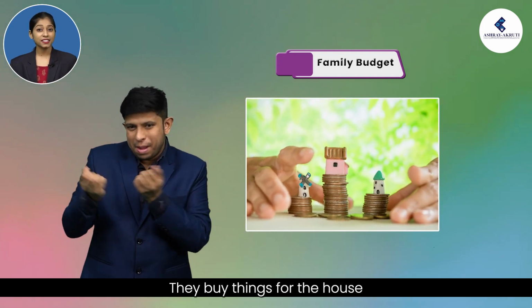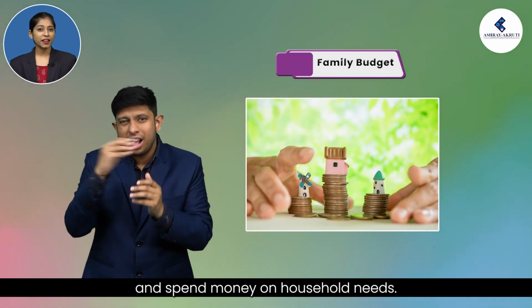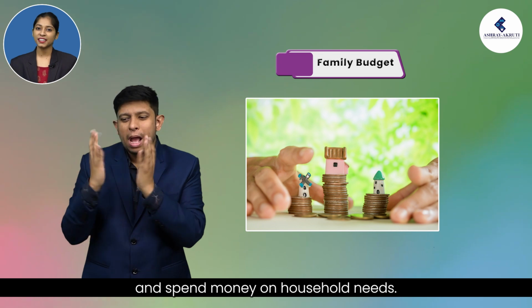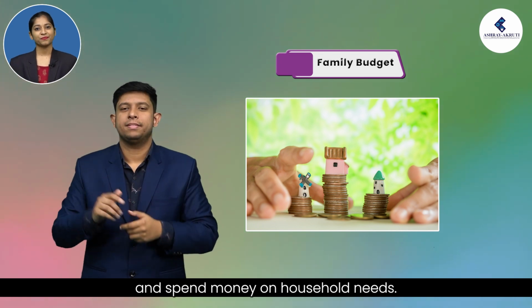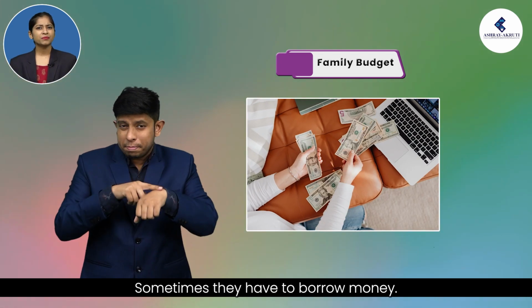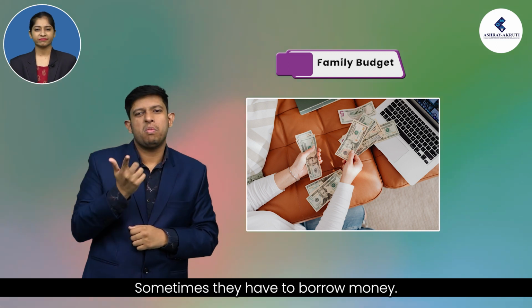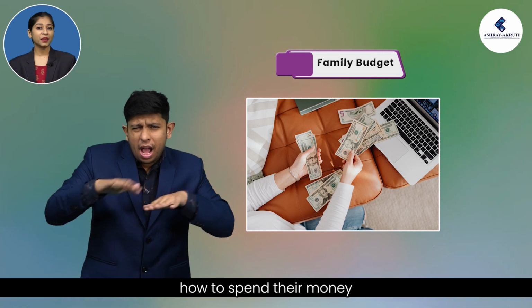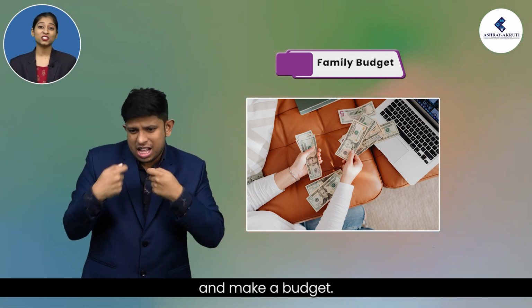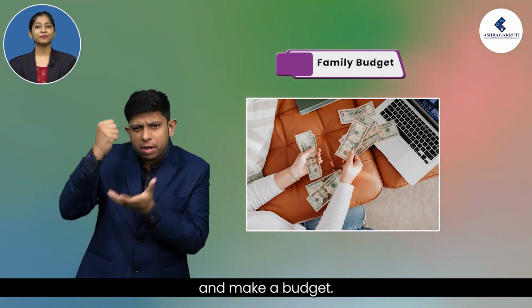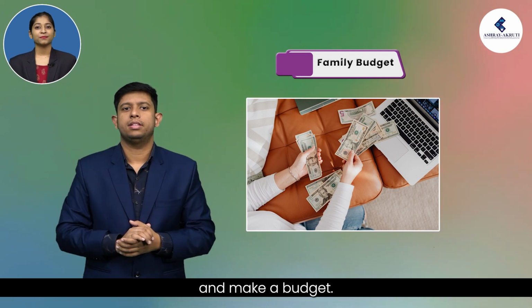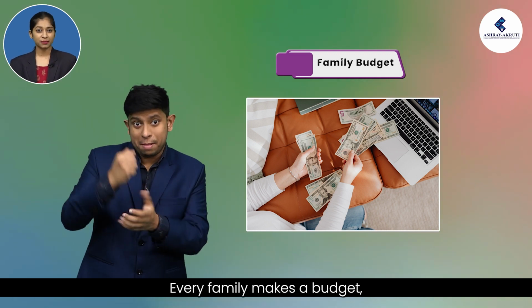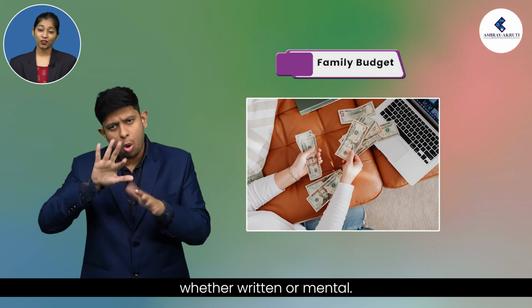They buy things for the house and spend money on household needs. Sometimes they have to borrow money. They plan how to spend their money and make a budget. Every family makes a budget, whether written or mental.